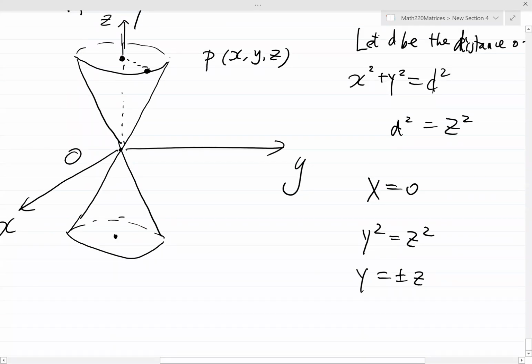If you rotate the straight line around the z-axis, we get a cone. So x squared plus y squared equals z squared is the surface of a cone.